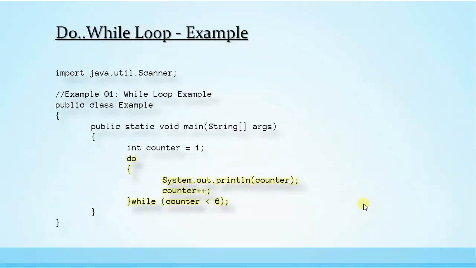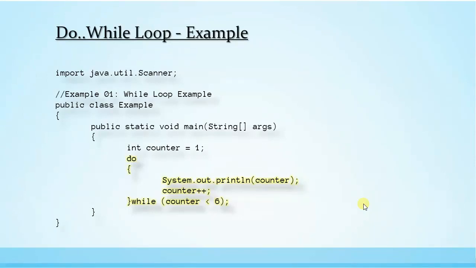So whenever the counter is less than 6, we will go to the first statement and execute the loop body. So we will come out of the loop when the counter exceeds the value 5. So the loop body gets executed 5 times here.